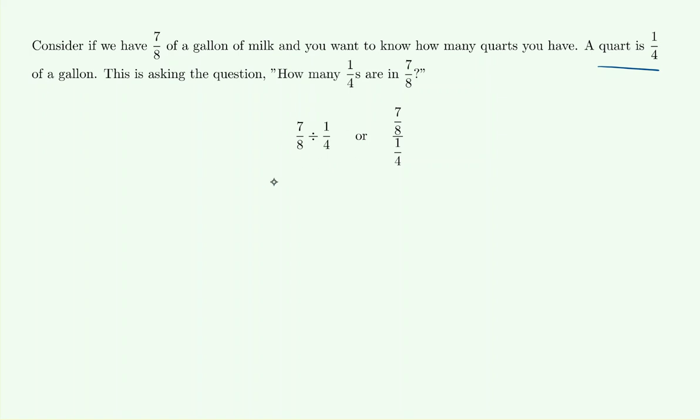It's 7/8 divided by 1/4, which could be rewritten as the top fraction divided by the bottom fraction. Now, whenever you're dividing fractions, there's this neat mnemonic device of keep it, change it, and flip it.